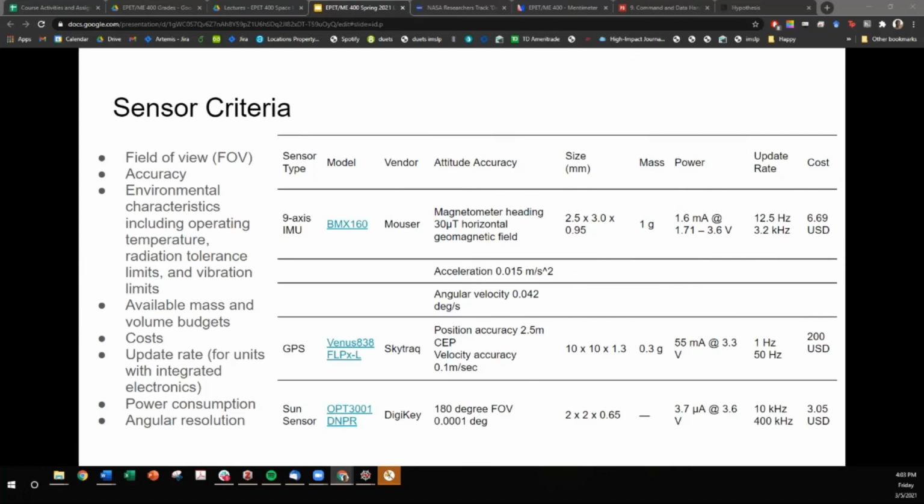Mass and volume, power consumption, update rate, and angular resolution. Here are the sensors on the Artemis CubeSat kit. And what the team has done is listed as much of the sensor criteria as is known. So yeah, hopefully this will get you started. I can't wait to see what you've decided for your system.